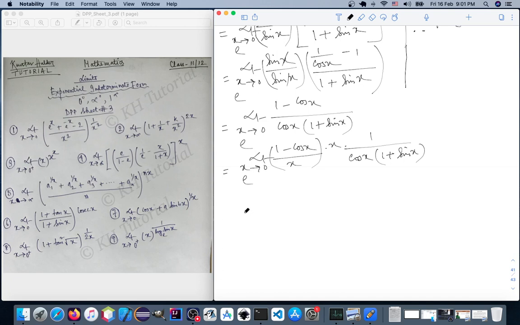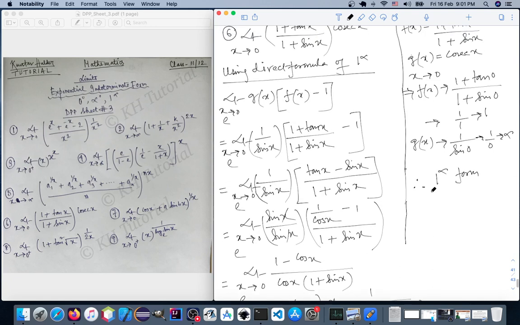So cos x at 0 is 1, 1 plus sin x at x tending to 0 is 1. So the result becomes 0 by 1, which is 0, and e to the power 0 is 1. So 1 is the answer.